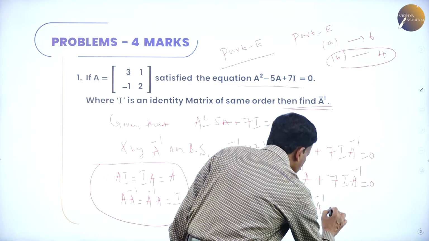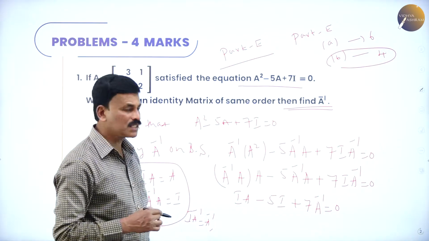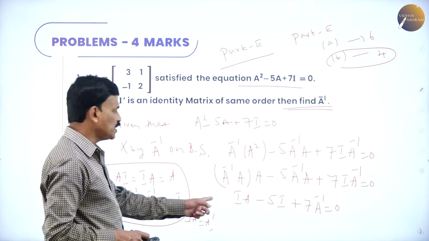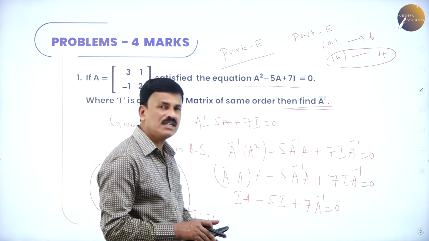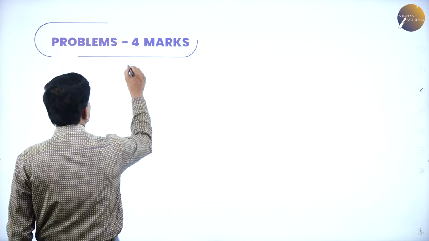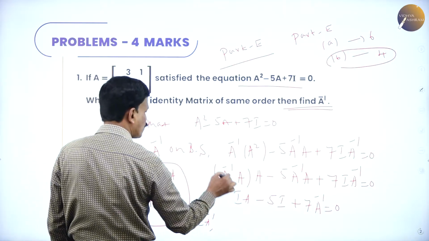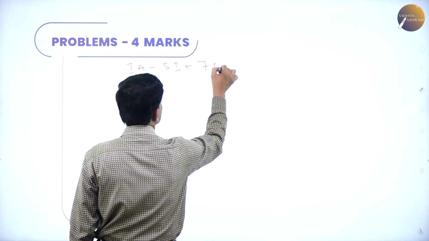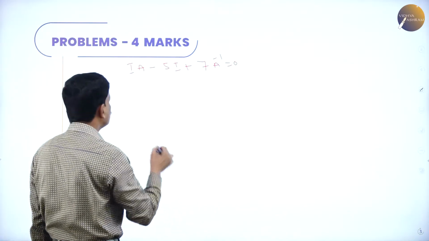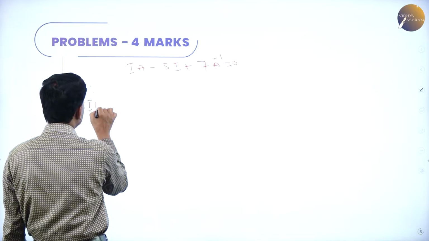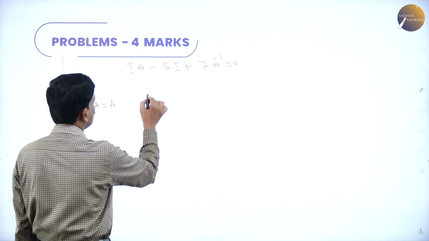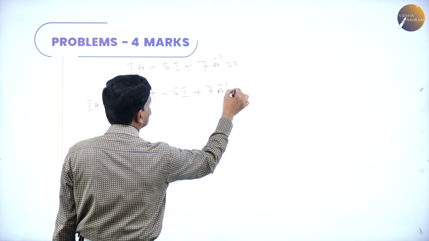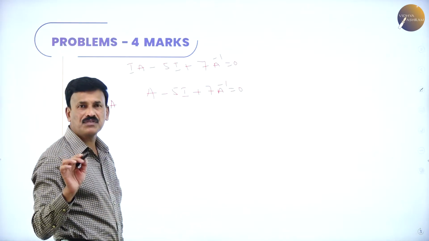So I into A minus 5I plus 7 A inverse is equal to 0. Now, since identity matrix into A is equal to the same matrix, this is A minus 5I plus 7A inverse is equal to 0. Now, what is required to find is A inverse.